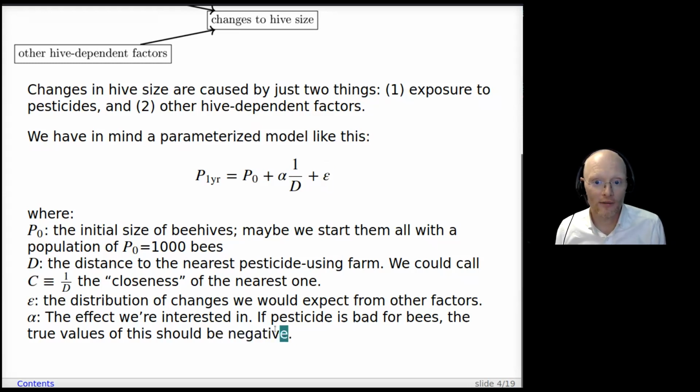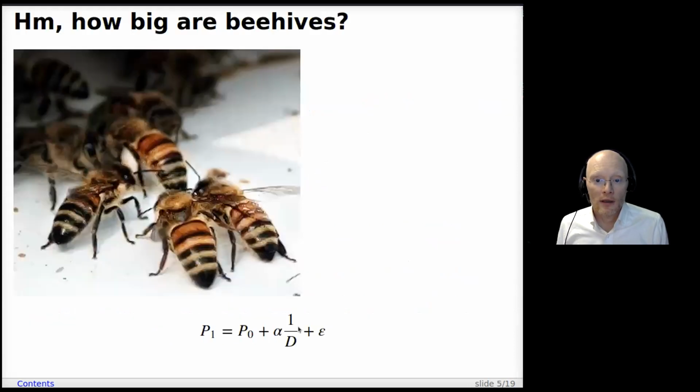Okay, so in fact, this is hopefully what all of these definitions here tell you. Again, how big are beehives? Without being an expert, I've made some assumptions here that our hive is physically sized appropriately for 1,000 bees.